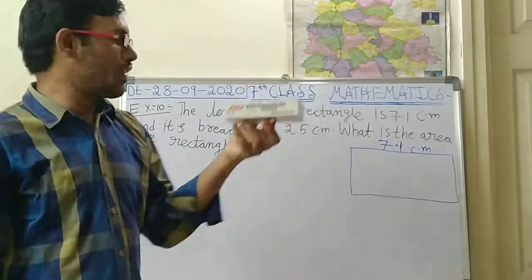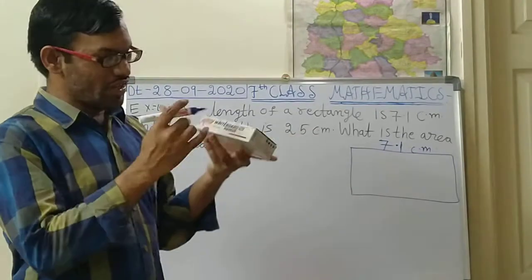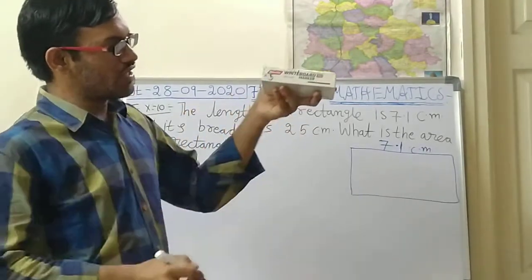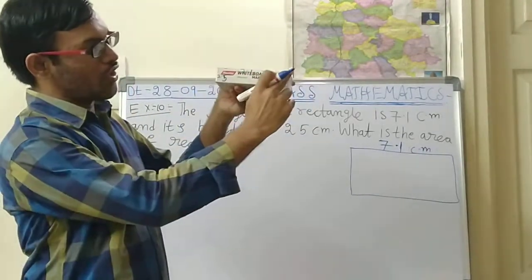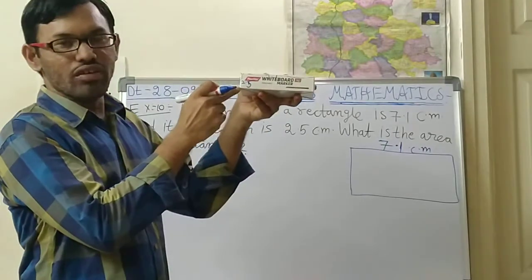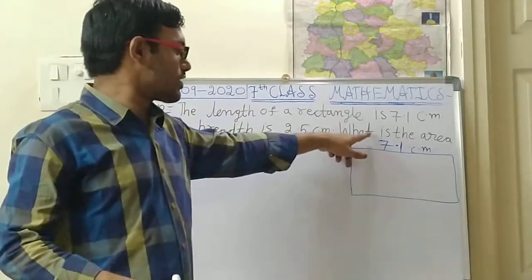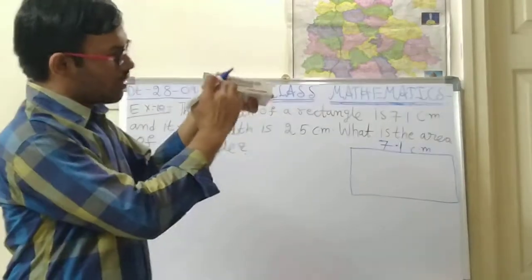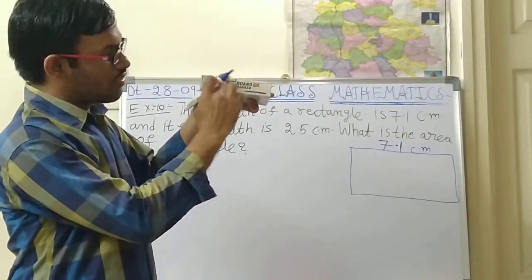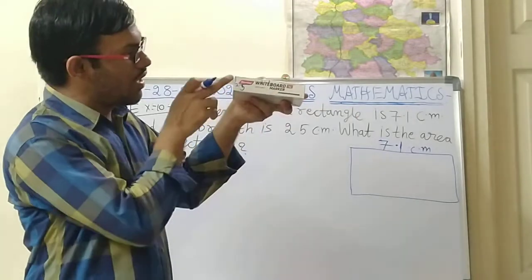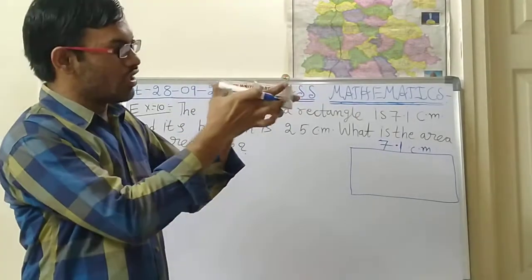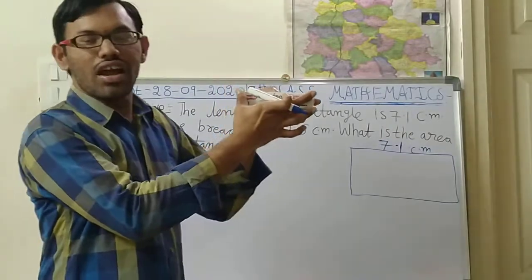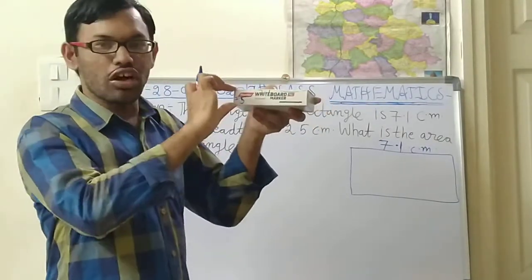He gave the breadth as 2.5 centimeters. So this is 7.1 and this is 2.5 centimeters. What is the area of the rectangle? Length is the largest side, breadth is the shortest side.